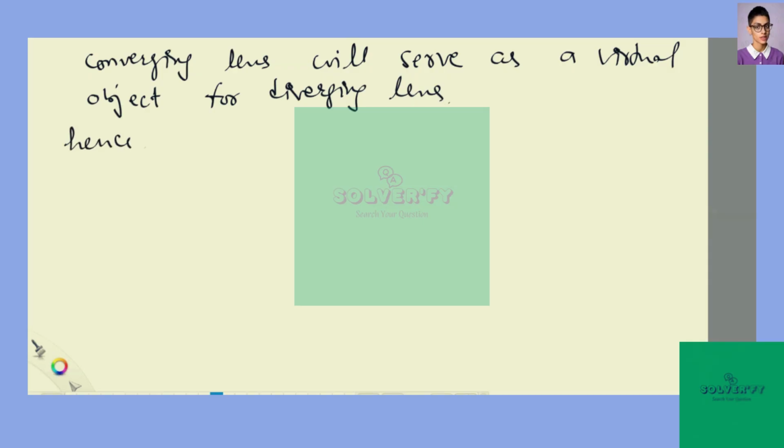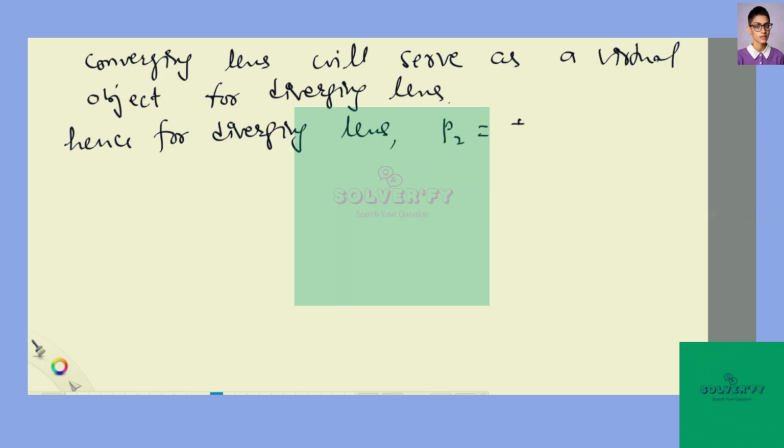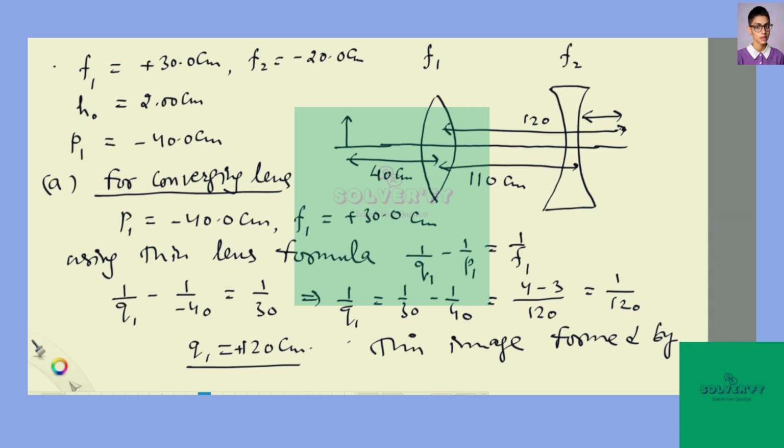Hence, for the diverging lens, the object distance P2 will be this remaining distance. So this will be 120, the total distance, minus 110, and in positive. So this will be positive 120 minus 110 centimeter, we can say plus 10 centimeter, as the distance is in the direction of the incident ray. That's why it has been taken as positive.